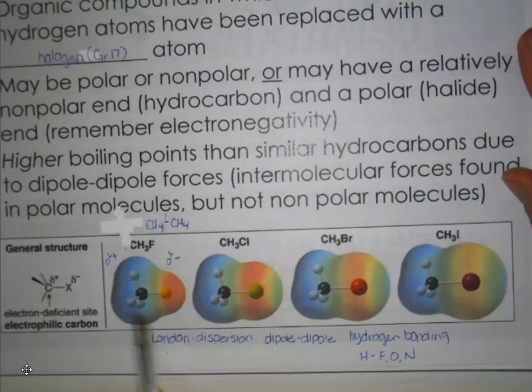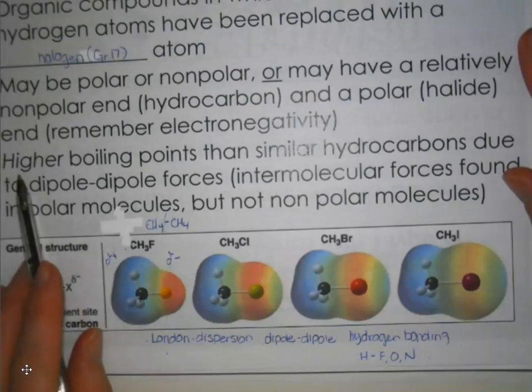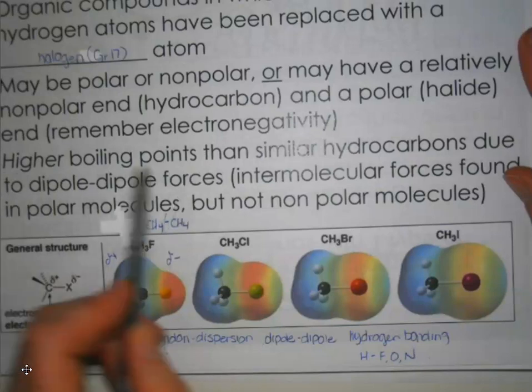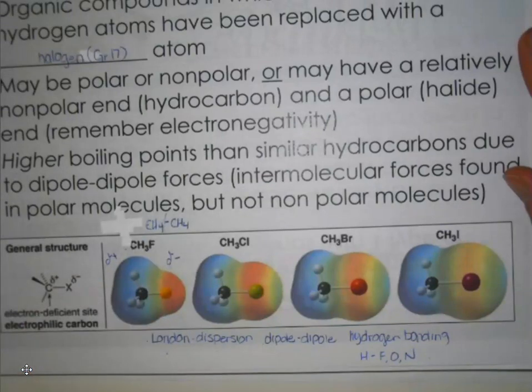With the stronger forces, these types of molecules will be harder to break apart from each other. So that means you need to put more energy in order to separate them into a gas, for example. So that's why we have a higher boiling point, is because you need to heat it up more, put more energy in order to give the molecules the amount of energy that they need to be able to break those bonds from each other and separate into a gas.